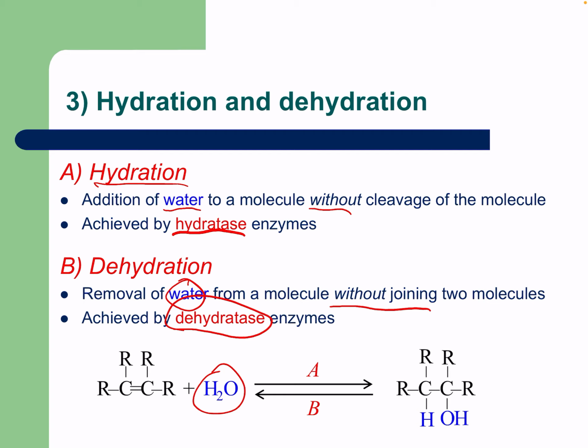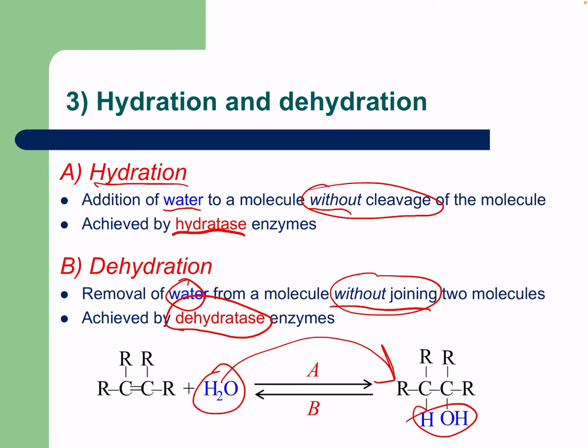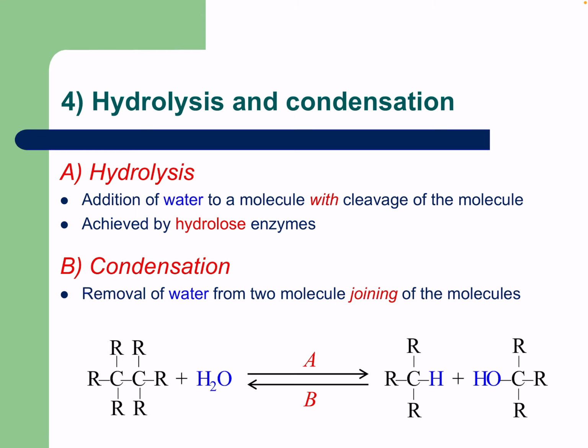The key here is without joining and without cleavage, because we'll see that another type does involve these. Here we have hydration, with H2O being added to the molecule, whereas in dehydration, or dehydratase, water is being removed, and now we have water separate as a product.